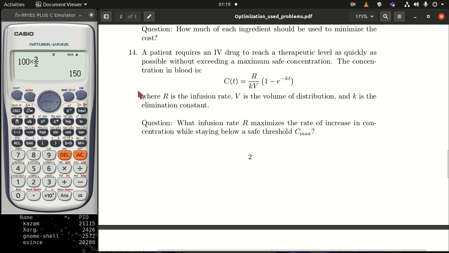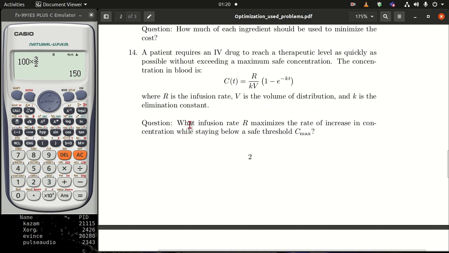And let's look at number 14. What would happen if we don't? Number 14 also, you can just analyze what is going on here and solve it without taking much about derivatives. But I want us to take derivatives here so that we're doing something that is also familiar with what you did before, where R is the infusion rate and V is the distribution.